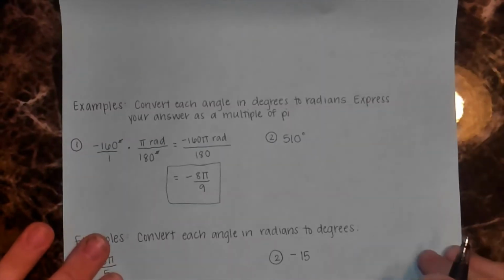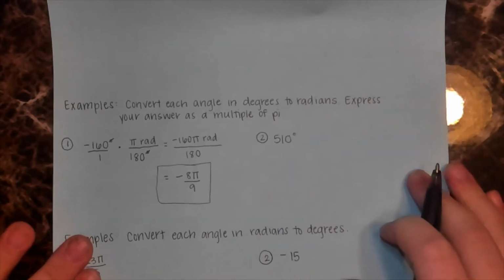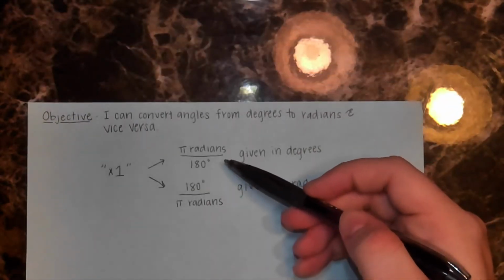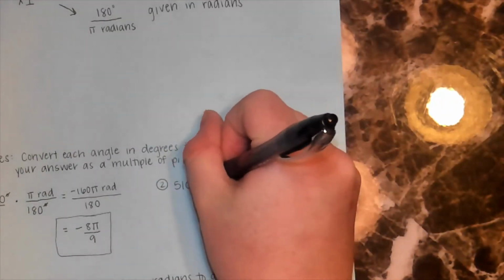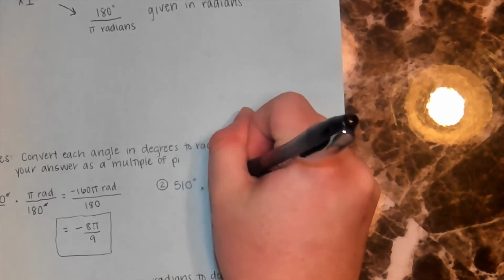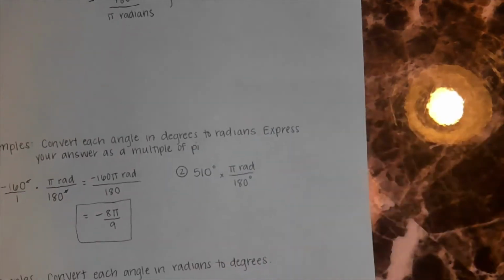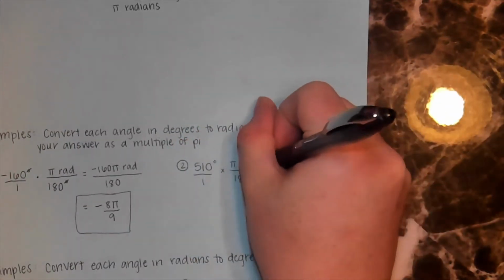Okay. The second example is 510 degrees. So again, because it's given in degrees, we're going to use this first conversion fraction. So we'll multiply by pi radians over 180 degrees. This 510 is really over 1.